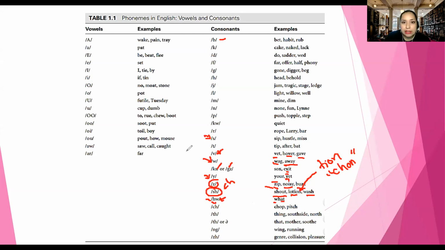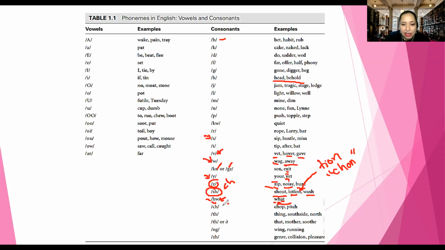It's not the same as here, like head, behold. Here you have the mute sound: what, who, whom, and so on.